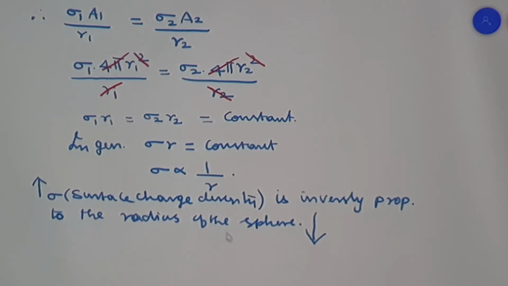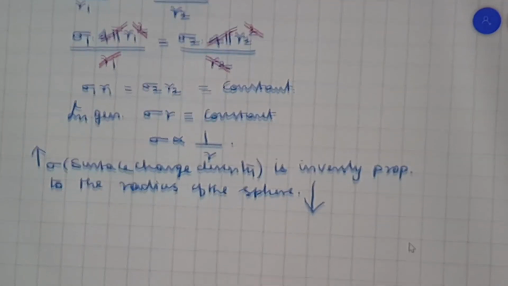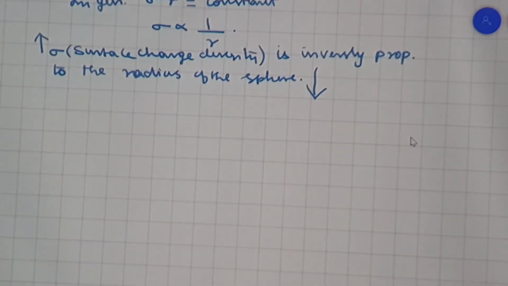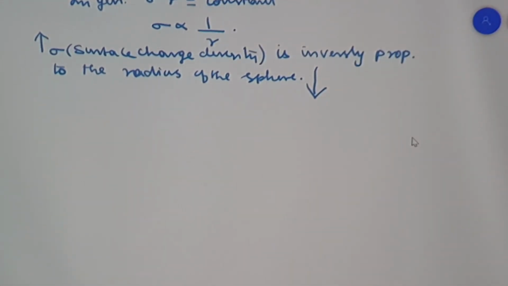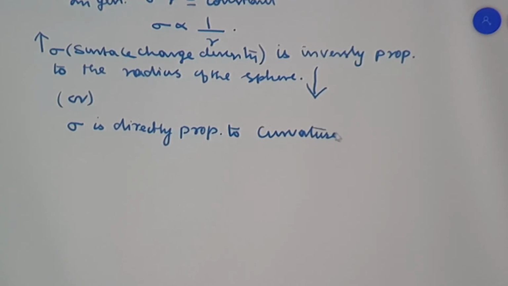We can explain it like this. If the radius goes on decreasing, that point becomes sharper and sharper. So if the point becomes sharper and sharper, we can say that point has curvature. So this can also be written as the surface charge density sigma is directly proportional to the curvature at that point.